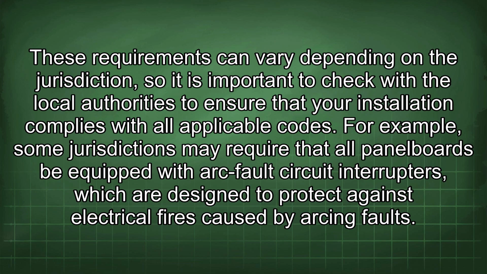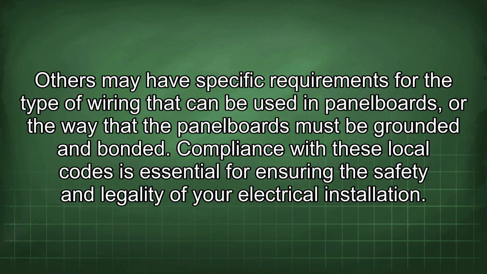For example, some jurisdictions may require that all panel boards be equipped with arc fault circuit interrupters, which are designed to protect against electrical fires caused by arcing faults. Others may have specific requirements for the type of wiring that can be used in panel boards, or the way that the panel boards must be grounded and bonded. Compliance with these local codes is essential for ensuring the safety and legality of your electrical installation.